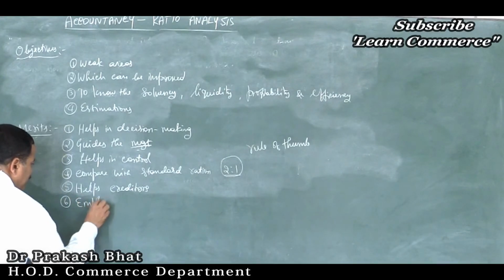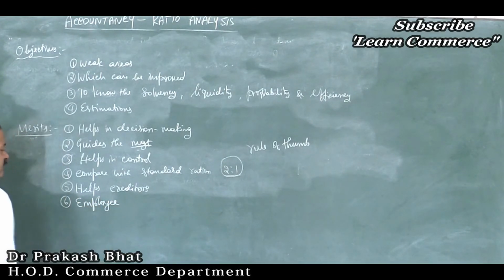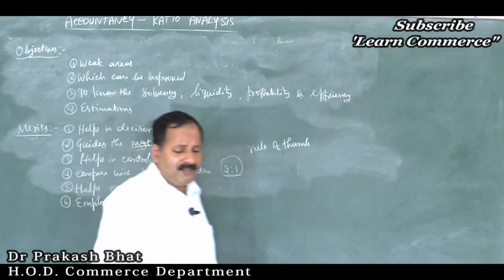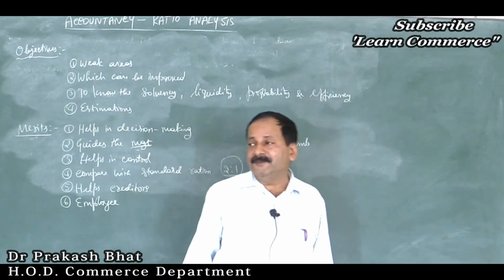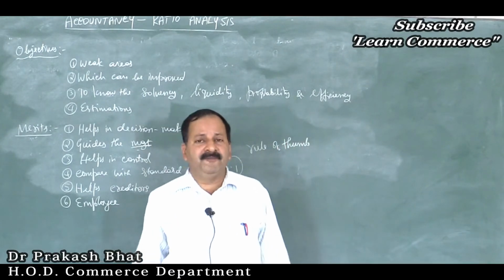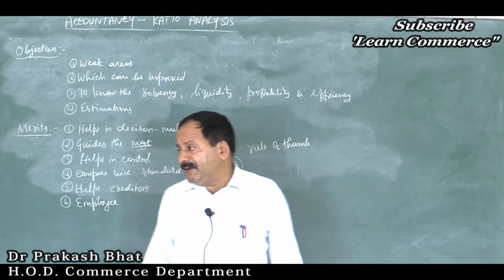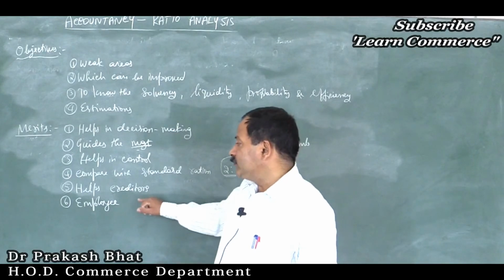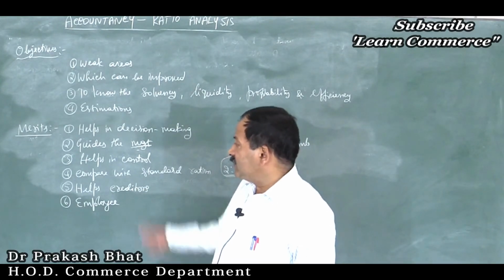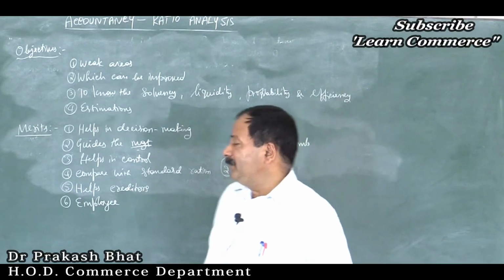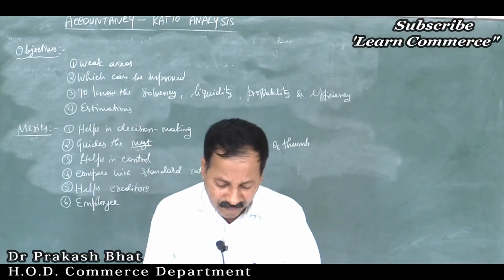Employees can get to know how much profit is earned by the organization and whether they can bargain for more wages, salary, incentives, or perquisites. Whether we can demand that can be known by the employees only by seeing the financial statement figures. So these are the 6 merits of accounting ratios.